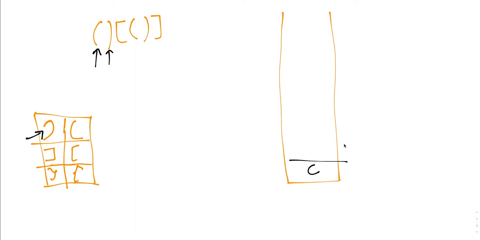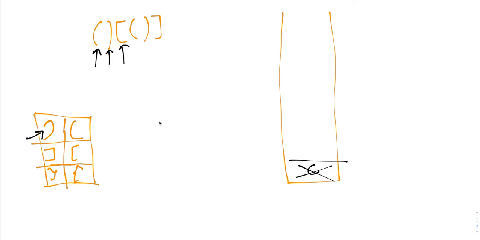But if it was the case, we need to return false, because that means that we had a closing parentheses without its corresponding opening one, because the stack was actually empty. In this case, the stack is not empty. And the second check is we need to compare the value of that key with the top element of the stack. They must be equal. In our case, the two values are equal, so we can remove it from the stack and continue our algorithm.